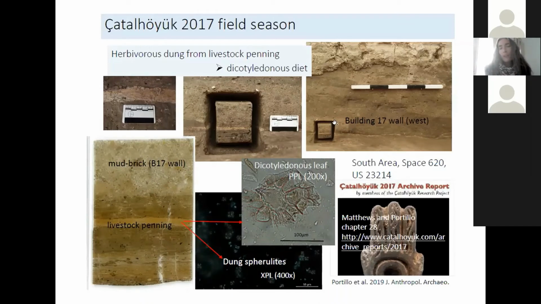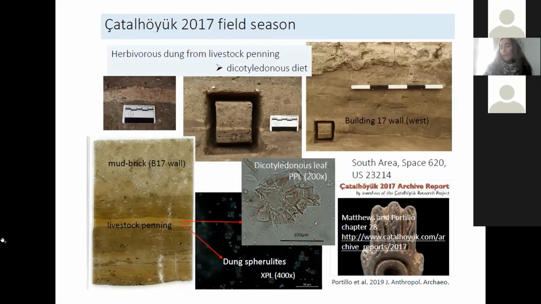Here, as control sample, we used a mud brick. This is a mud brick from a previous house that was already excavated. Then we have a sequence of a midden, like the ones that Karen showed this morning. They're beautiful middens, very organic, with lots of charred pieces. And then all this is the sequence of animal penning.